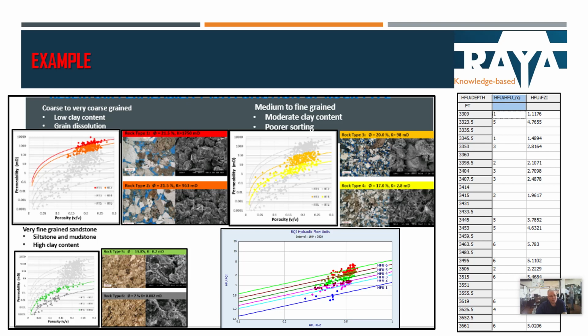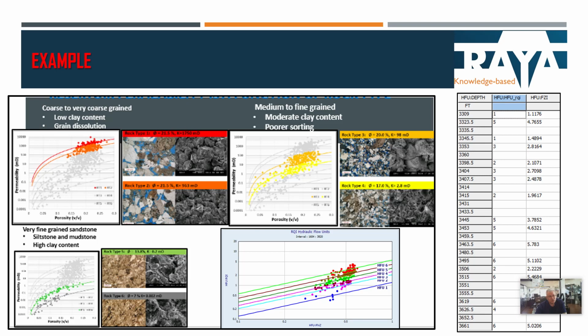And in this table, you can see for the depths where we have core samples, we calculated the FZI and also indicated the rock types.